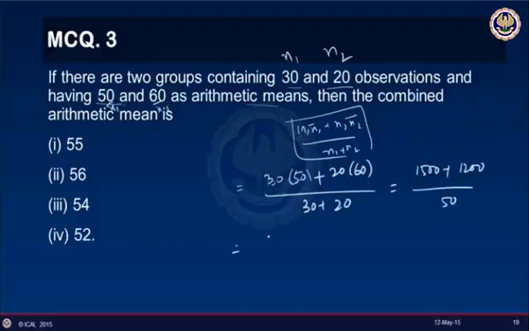This will be 2700 by 50, zero cancels, which is equal to 54. So 54 is the combined arithmetic mean.